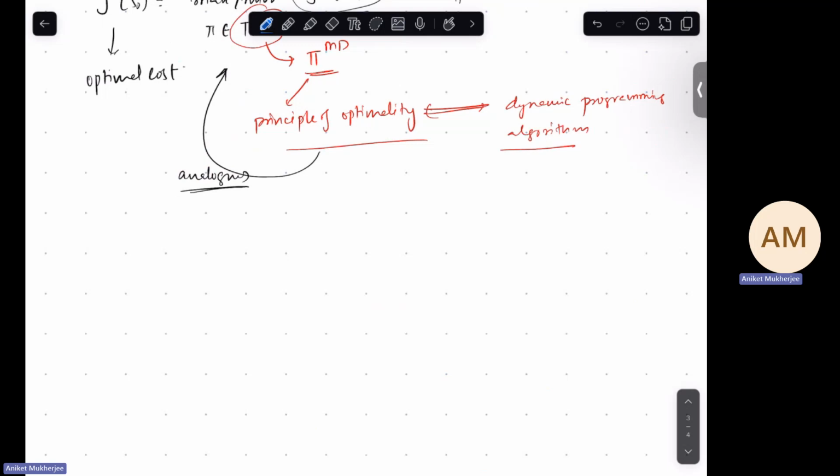But first we have to define the truncated problem, because the principle of optimality uses the notion of a truncated problem.